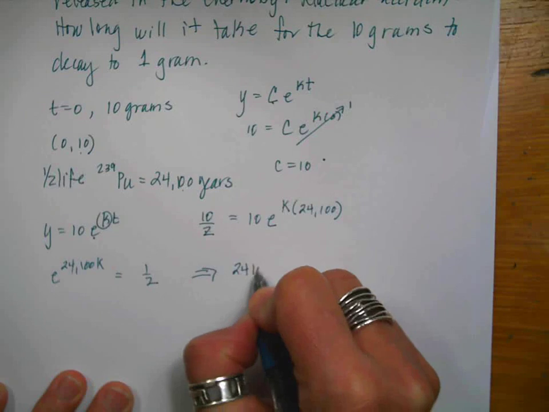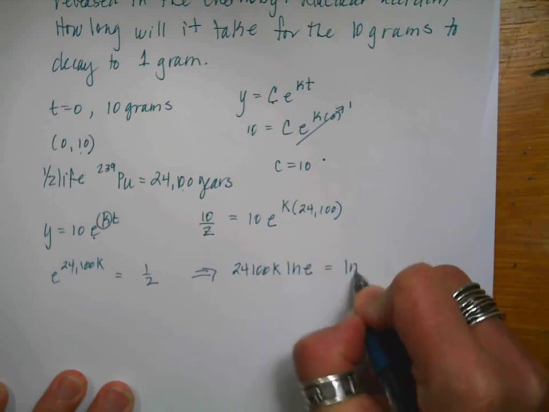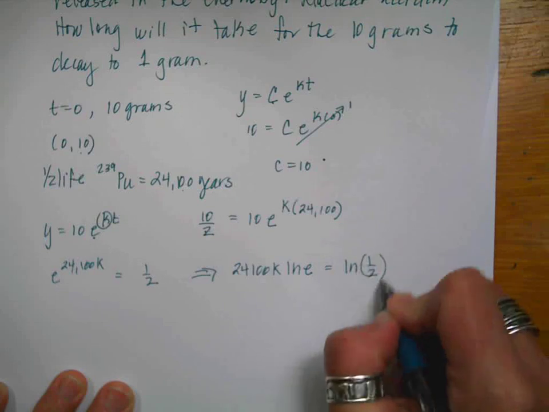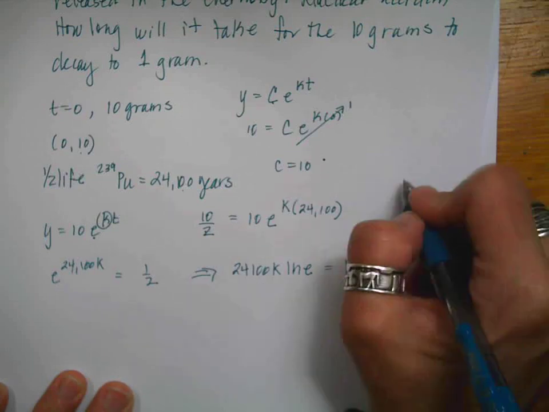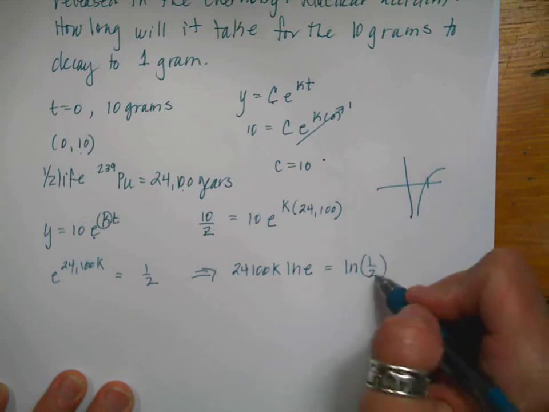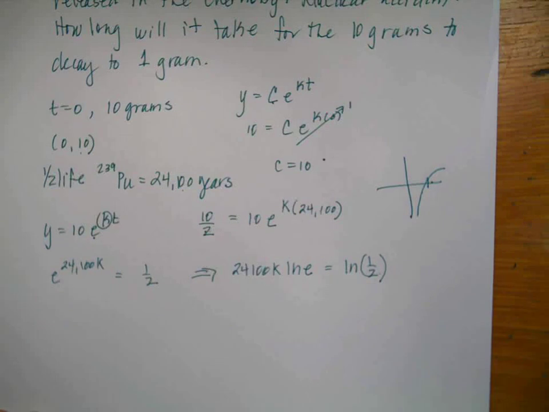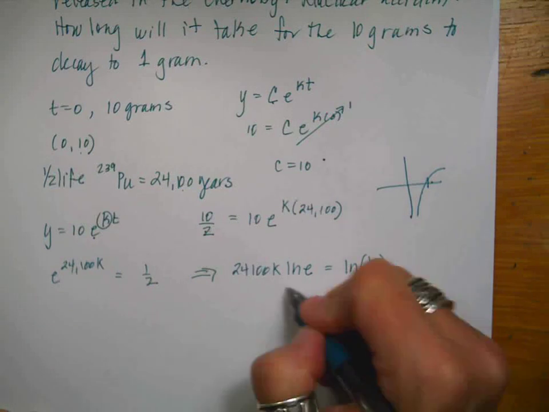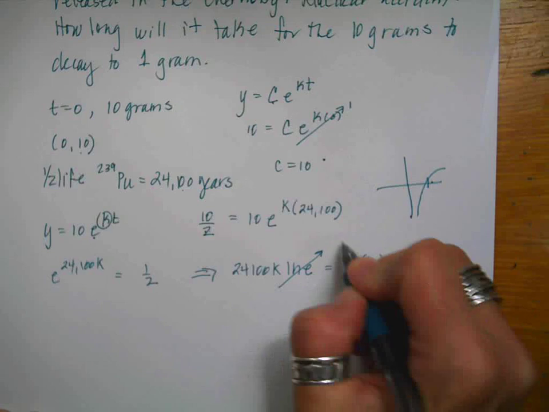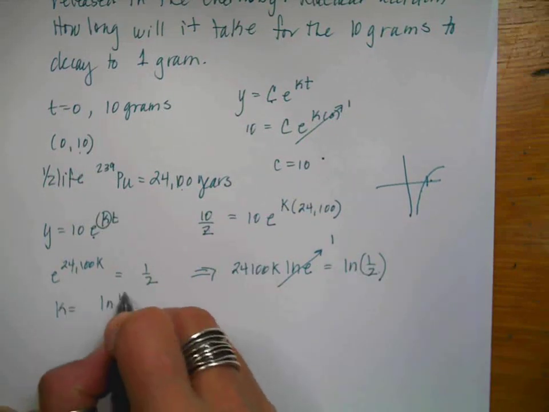I'm going to go back and use my properties of logarithms. So I'm going to get 24,100k natural log e is equal to the natural log of a half. And in case you don't remember the graph, so there's my graph of a natural log. This value is going to be negative because it's before 1, which means that it's a decay problem, which is good because it's just confirming our math.